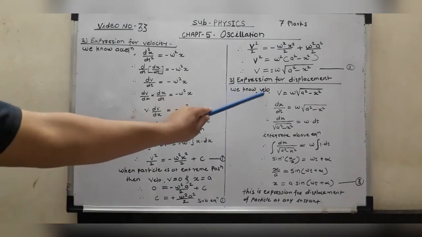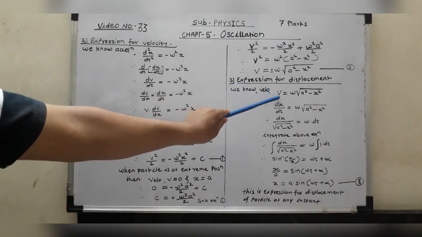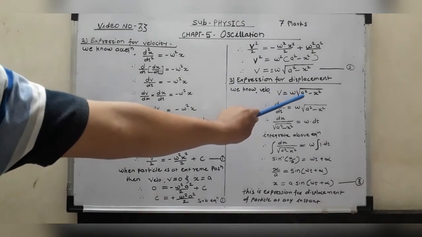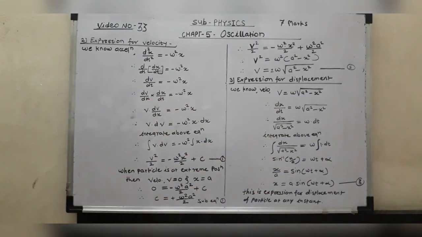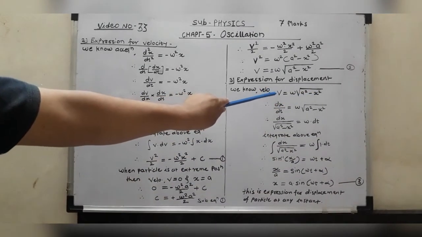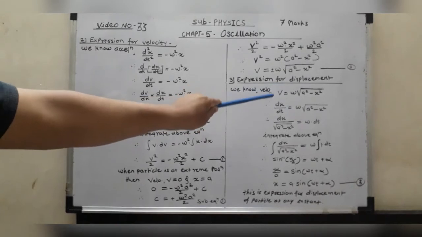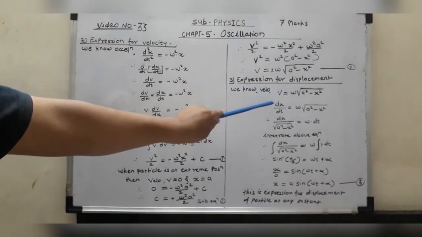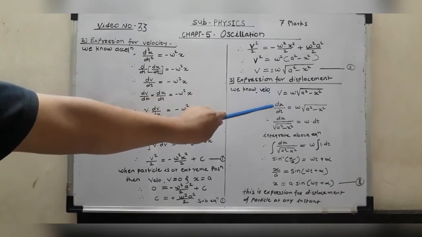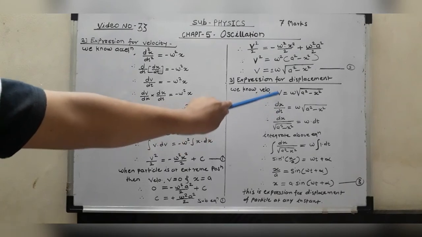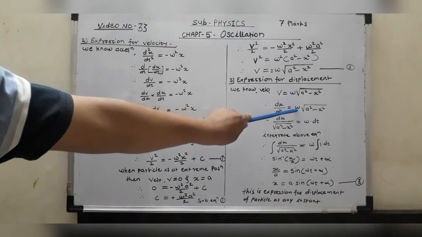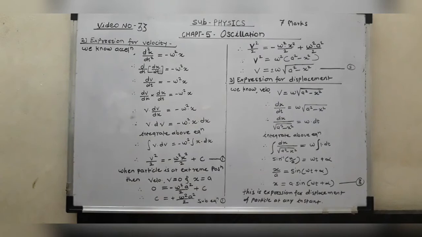Instead of v we can write the rate of change of displacement with respect to time in differentiation form, v is equal to dx upon dt. Therefore dx upon dt is equal to omega under root A square minus x square, RHS as it is.